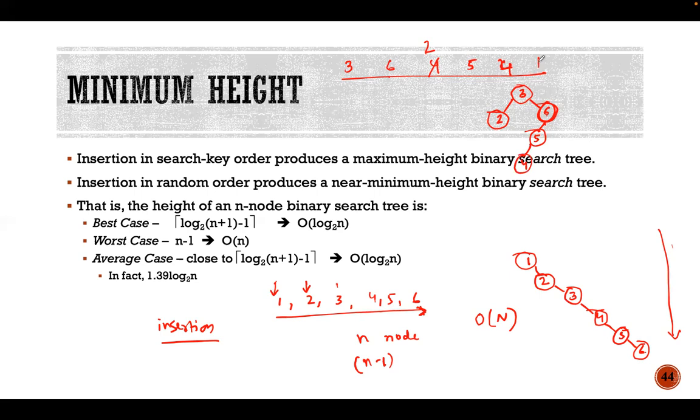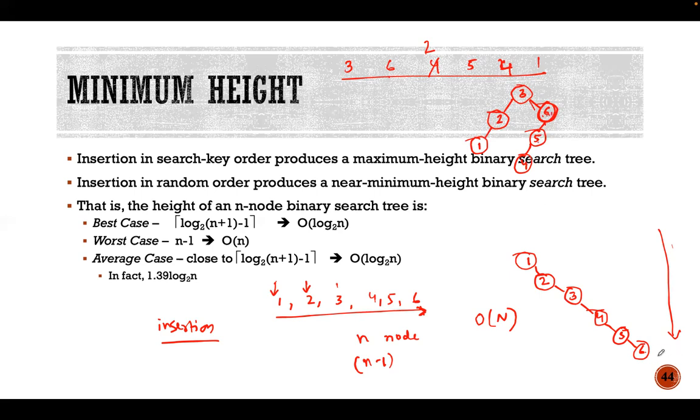And 1 will go to the left of 2. You can see that the height here is 1, 2, and 3.